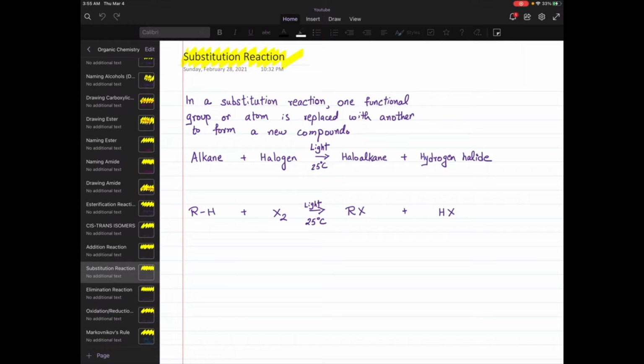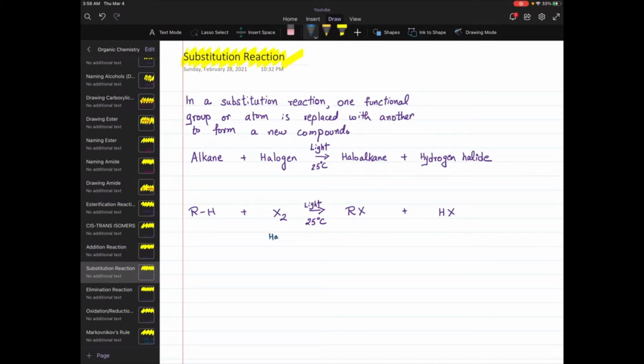So the halogen will attach to the hydrogen of one of the parts of the alkane and become a hydrogen halide. A general example here in a general equation is RH plus X2, X2 representing the halogen.